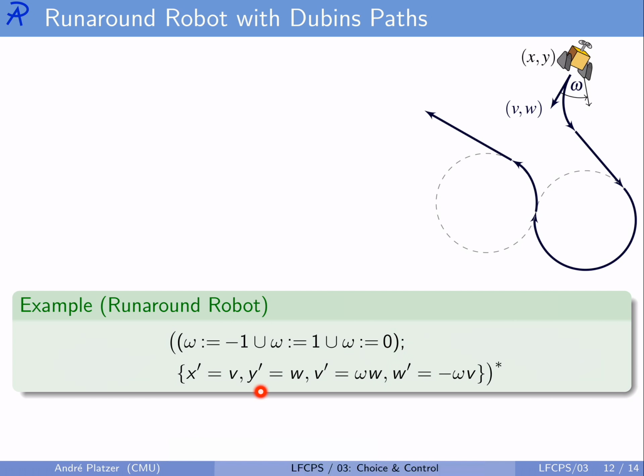And then we follow the differential equation of circular motion, where the circle, of course, is a degenerate line if the angular velocity is 0. Now, that won't necessarily be safe for a robot to really arbitrarily decide to move left or right or straight on. So in reality, of course, you will want to prefix each of those cases with logical formulas that are checking under what circumstance the decisions would be safe to do.